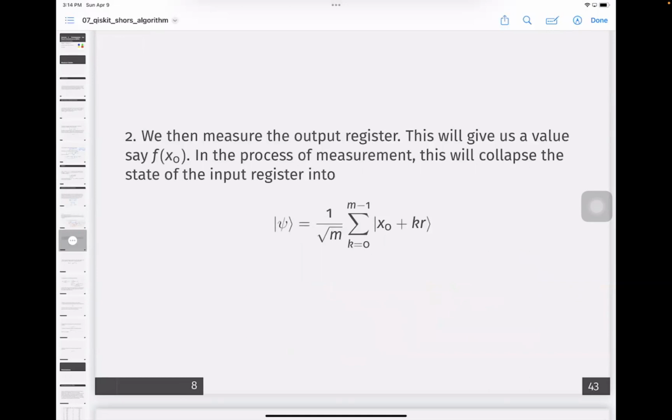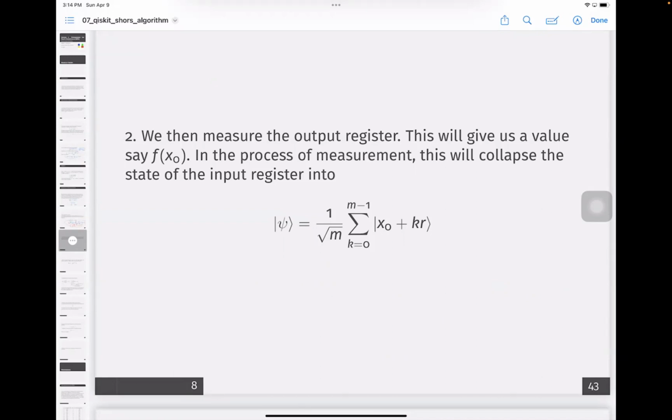When you measure the output register, it will give you a certain number, and then it will collapse the input register into a superposition of those states whose modular exponentiation value is equal to the number that we have just measured.